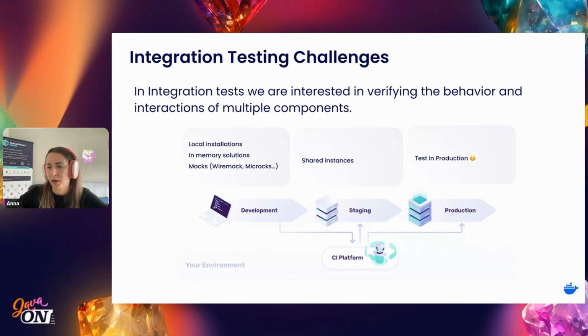Another pretty popular way of doing integration testing and trying to speed up things is having shared instances on the staging or QA environment. So, for example, you have the same Postgres on your staging, you run your tests, but let's say another team is running tests at the same time, and you end up with flaky tests because another test rewrites the test data in your Postgres, and there is no data that you expected during your test scenarios.